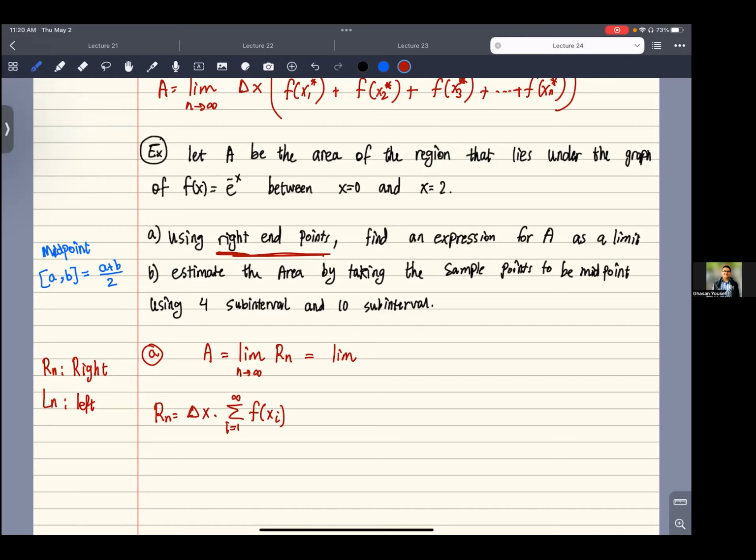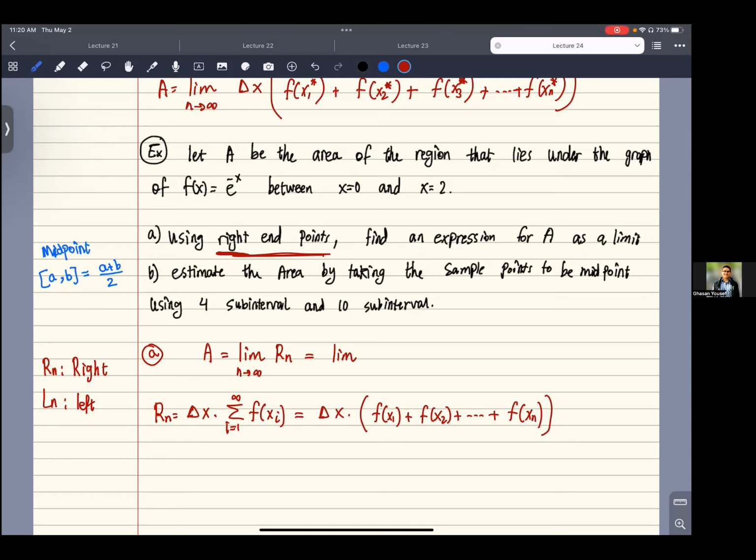Like starting from the first point, f of x1, f of x2, f of x3, up to f of xn. If I want to rewrite it, it is delta x times f of x1 plus f of x2 plus dot dot dot plus f of xn.